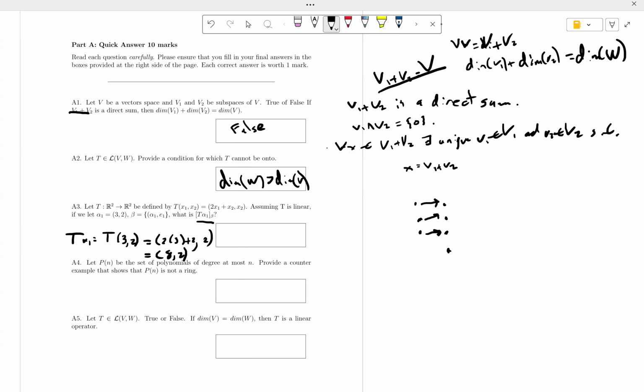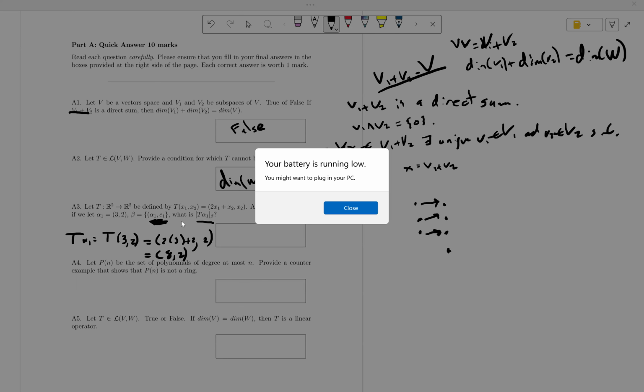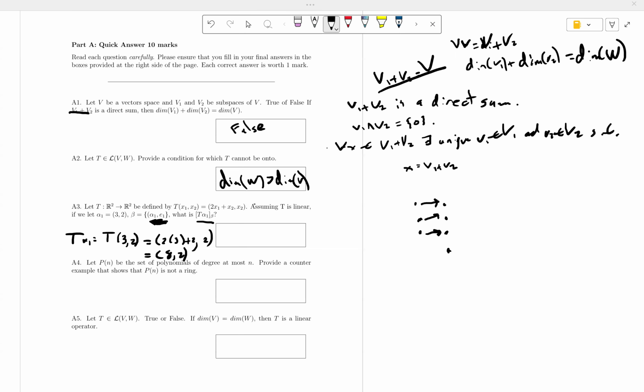Now that I have it equaling (8, 2), and I have this alpha 1 and e1, I need to make the second term match using alpha 1, because alpha 1 is the only one that has 2s, and then I make up the difference using e1.